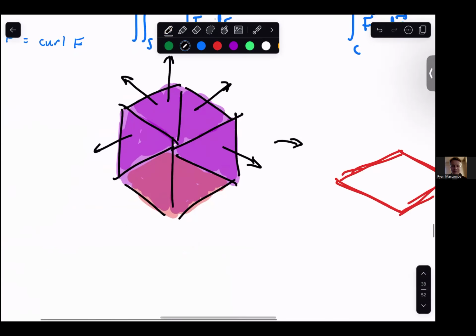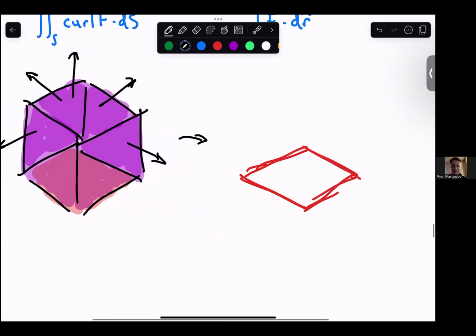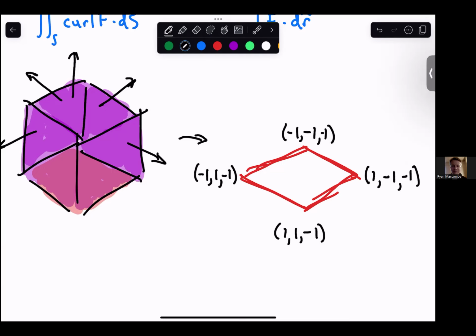I didn't really draw my x, y, z axes here, so this could be something like 1, 1, -1, for instance. And then we could have -1, 1, -1. And then this could be -1, -1, -1. And then this one could be 1, -1, -1. So these could be our 4 different vertices, and the z coordinate for all of them is -1.